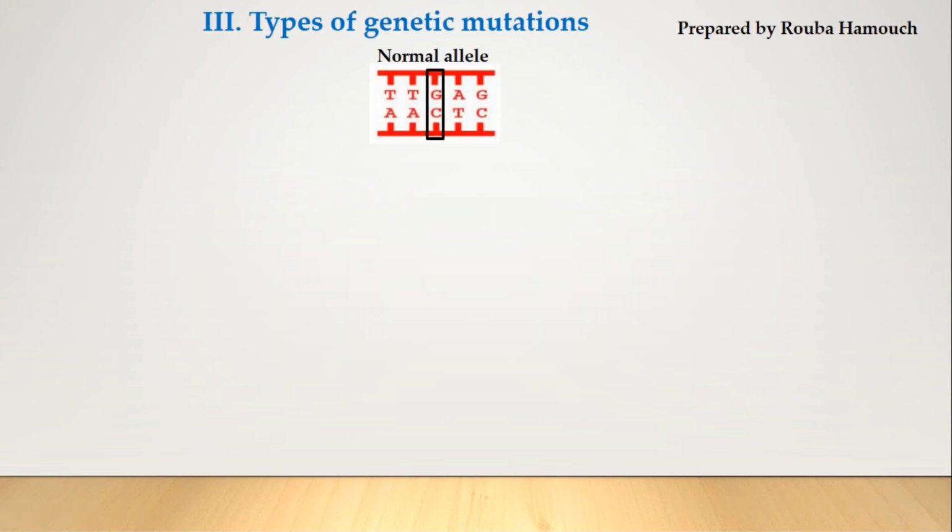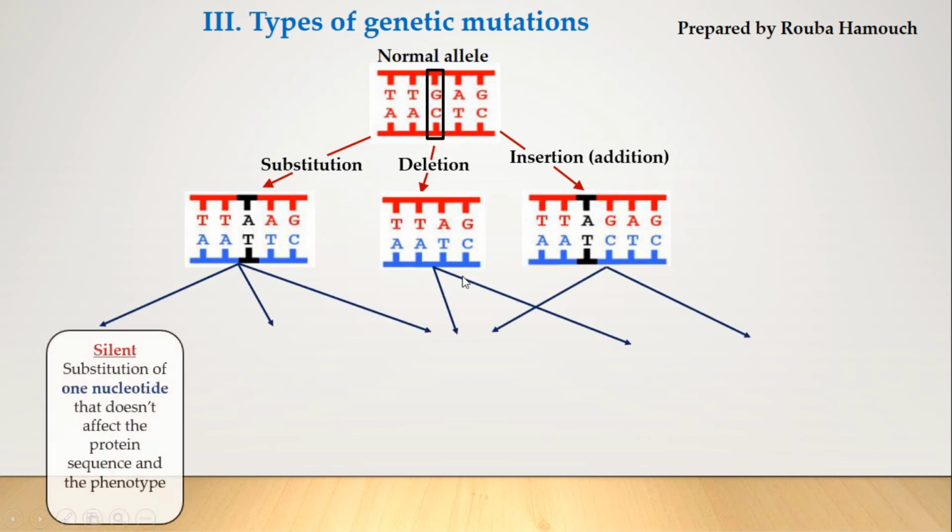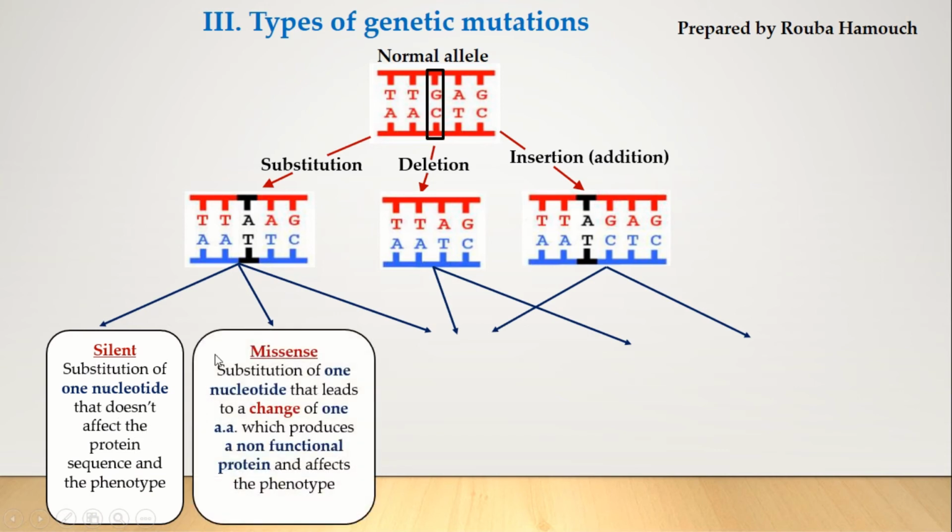So here is a diagram that summarizes all these types of genetic mutations. We have three types: substitution, one nucleotide is replaced by another; deletion, here G is deleted; or insertion, and A is inserted between T and G. The substitution can be silent, doesn't affect the protein sequence and the phenotype, or it can be missense.